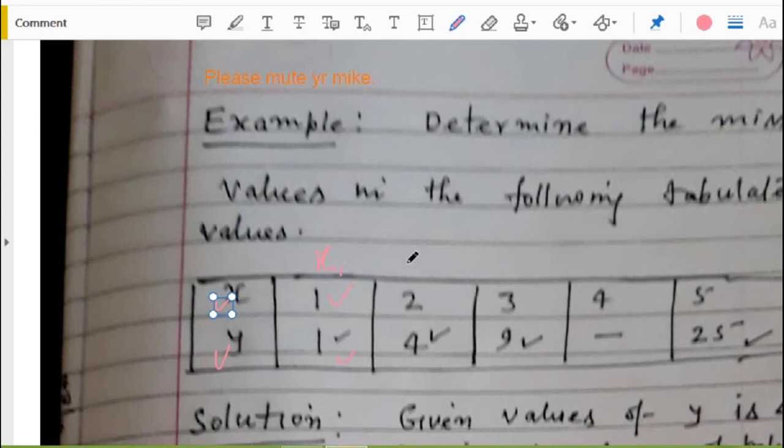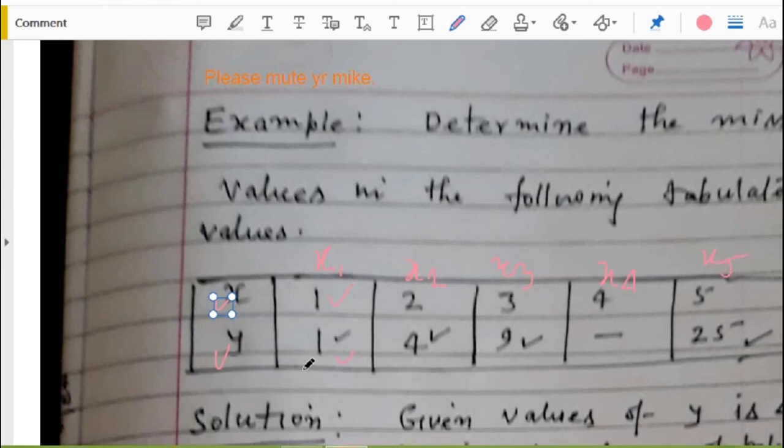I have shifted you from the traditional way of writing from x0 so that you can strengthen yourself in a better way. So this is x3 and this is x4.